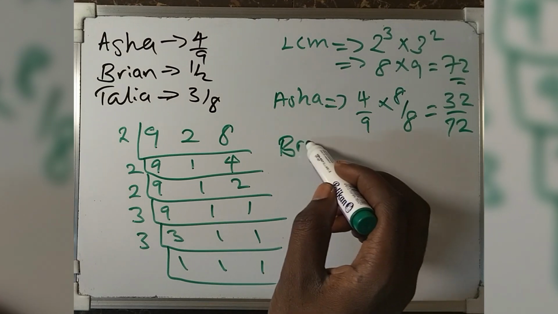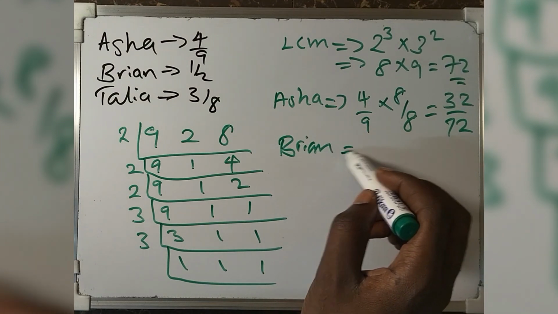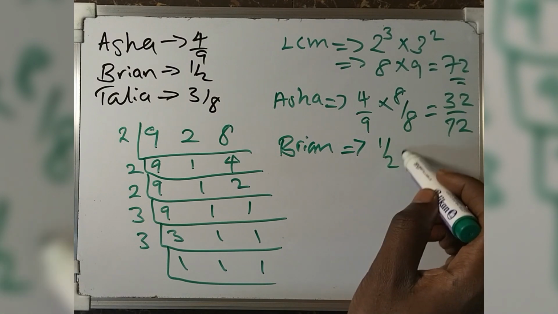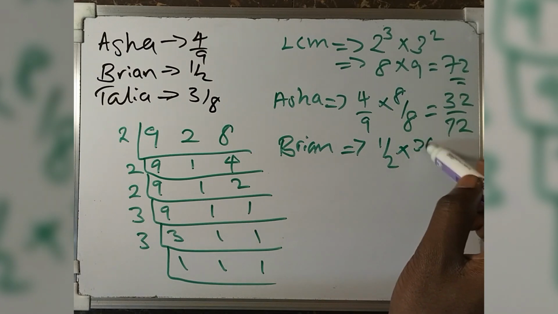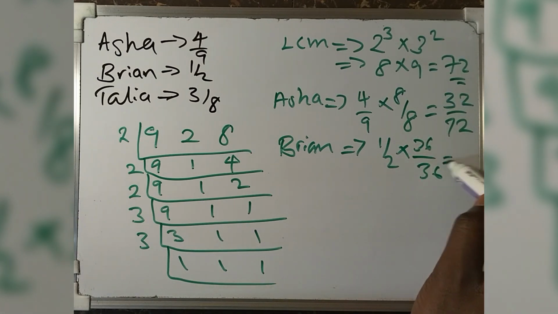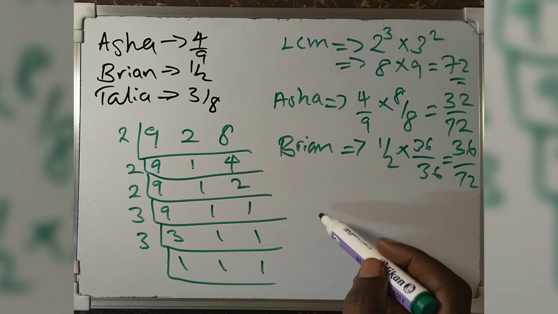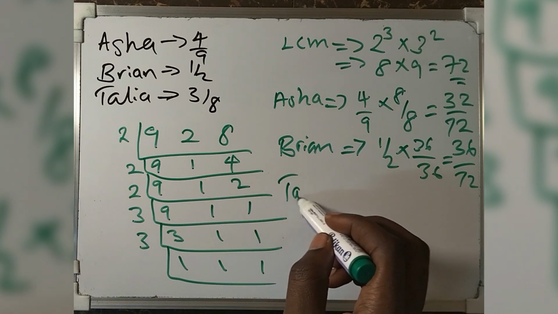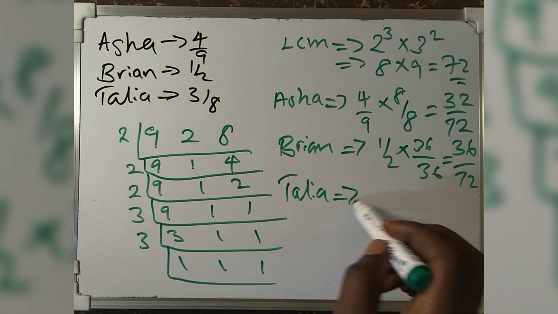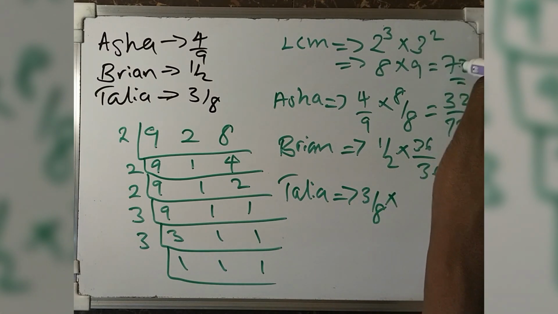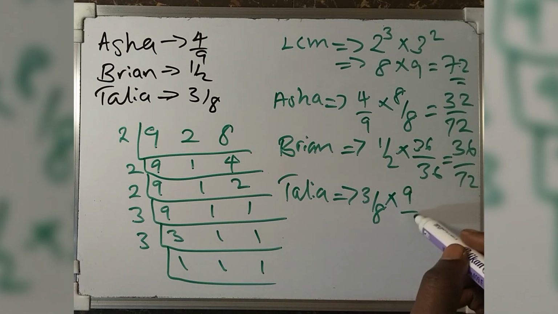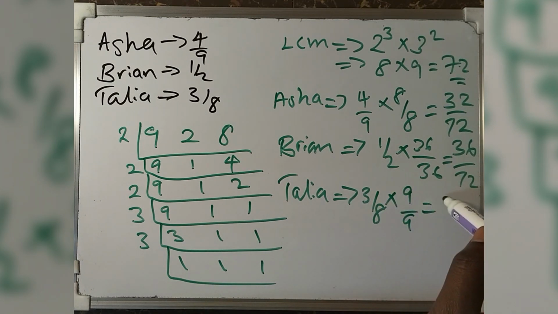For Brian, I'm going to have half times, 2 goes to 72, 36 times, so it will be 36 over 72. For Talia, I'm going to have 3 over 8 times, 8 goes to 72, 9 times. So it will be 27 over 72.